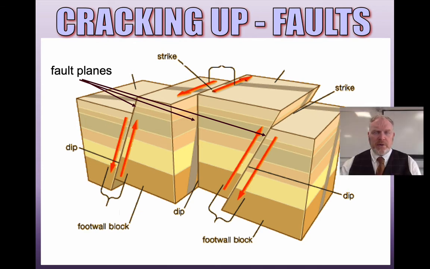We then need to think about the different sides of a fault. The first one of these we're going to talk about is what we call the footwall block. This is the block of rock below the fault plane. The way we work out whether it's a footwall block is we pick any point on the fault plane, and the block of rock below that point is the footwall.